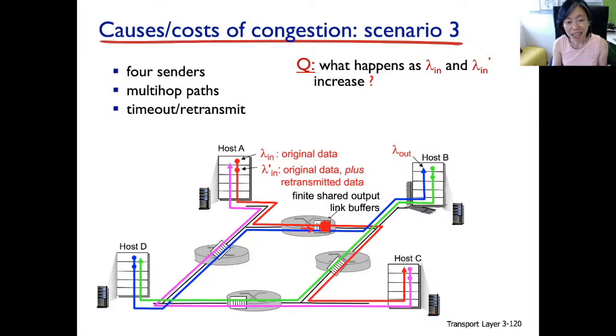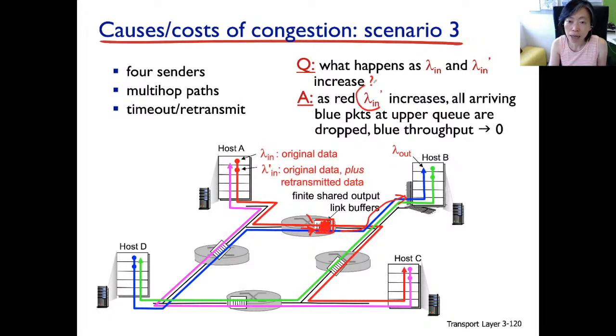Okay. And as the lambda in increases as well, as they both approach a half of R, you see this. The buffer space is going to be very full, and quickly, red packets will be dropped, but blue packets will be dropped even more, because very few of these blue packets get into the queue and have a chance to go out, finally reaching B.